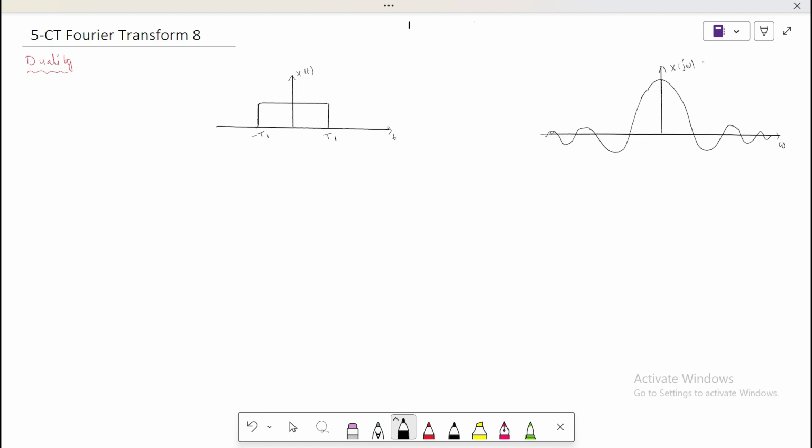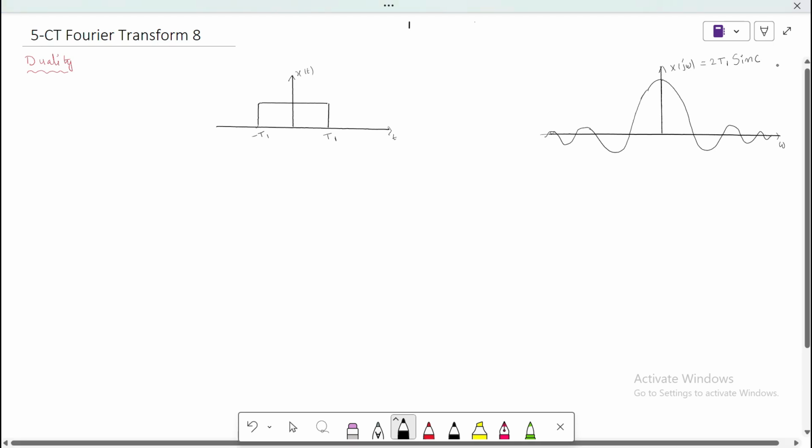So x of j omega, that value equals 2T1 sinc theta. The theta equals omega T1 by pi.